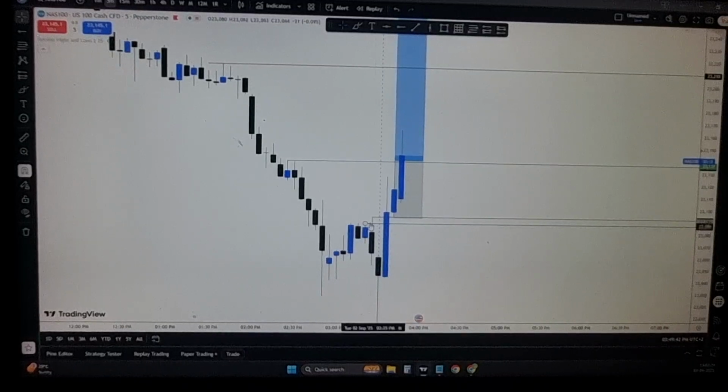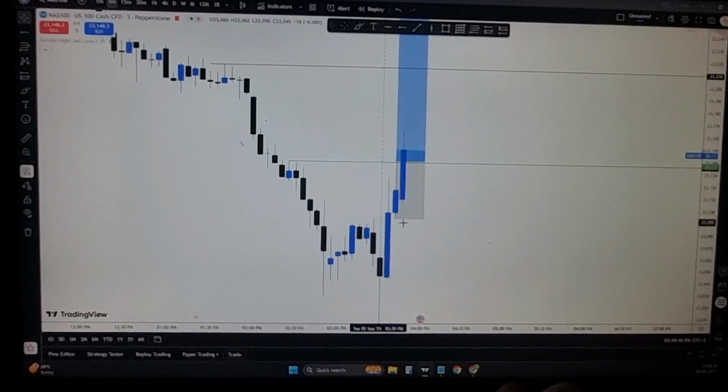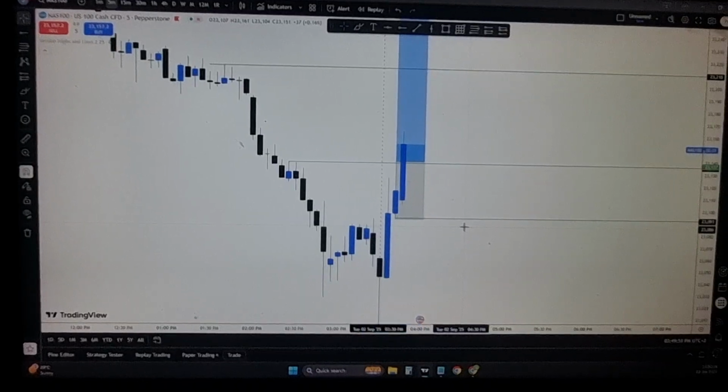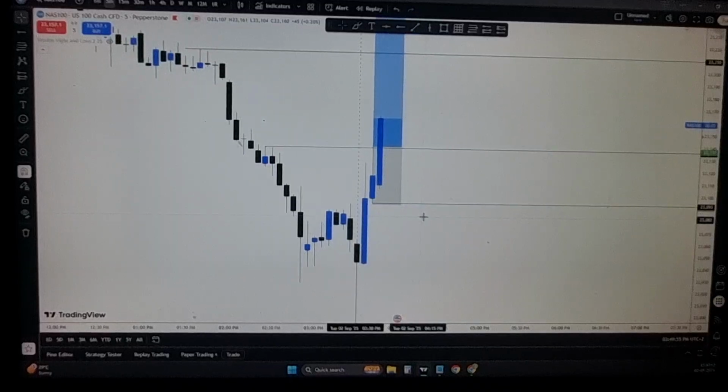Okay, so we do still have this. Oh, my bad. So we do have this 5 minute fair value gap that is currently our stop loss.